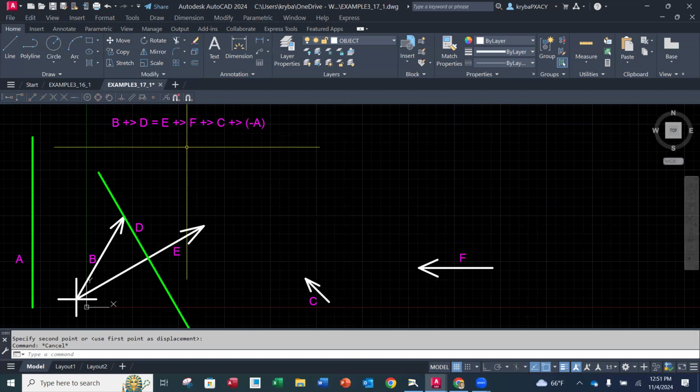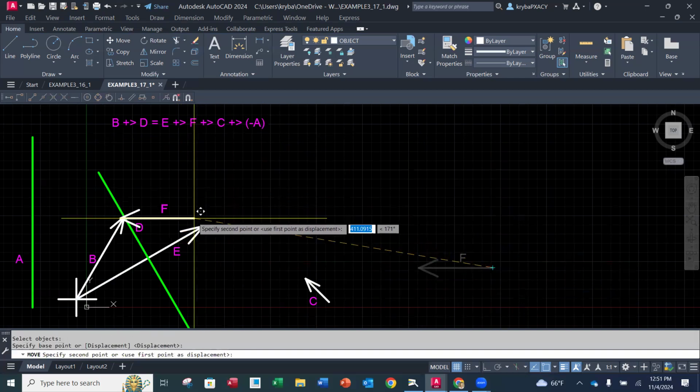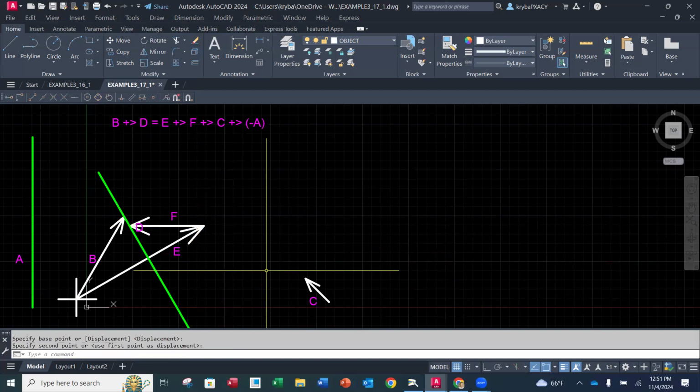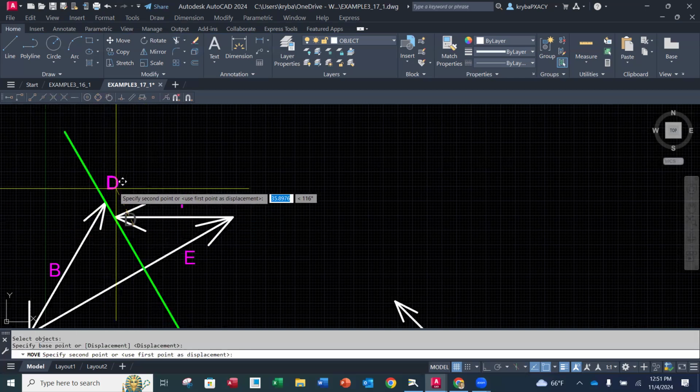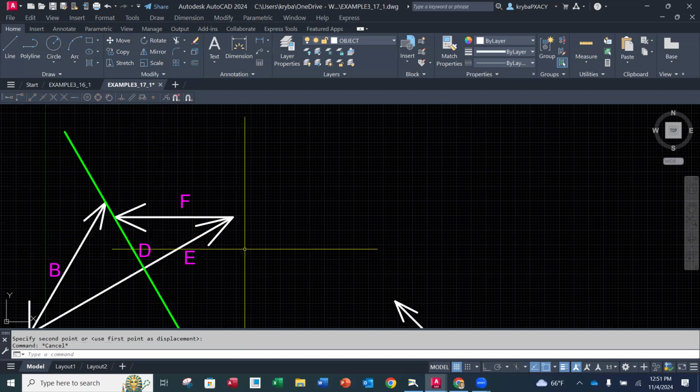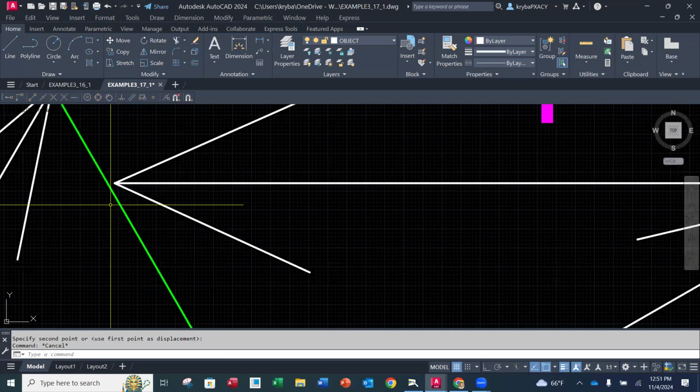Now I'm going to add F. Okay, so that means on the tip of E, I'm going to move vector F and the tail of F is going to go right there. This is where we're having some overlapping. So I'm going to move my D right away. You cannot leave it in this state. Now, be careful. D and F are not intersecting if you zoom in here.